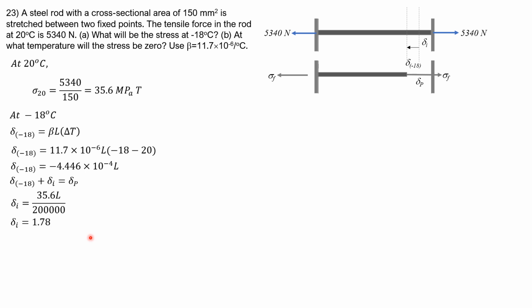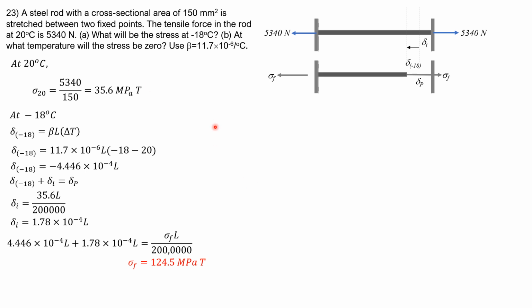So initial deformation or displacement is 1.78 times 10 to the negative 4 L. So that this final stress will be developed, delta P should be equal to the sum of these two, and let's make the two positive. 4.446 times 10 to the negative 4 L plus 1.78 times 10 to the negative 4 L equals stress final times length over 200,000. So you can cancel L and solve for final stress, which is 124.5 megapascals.